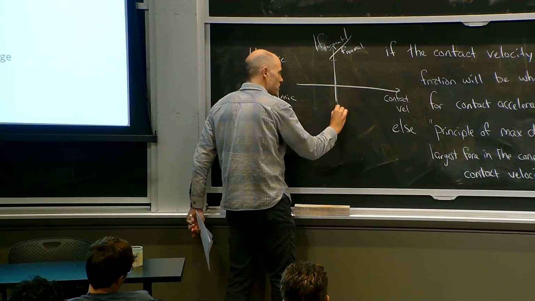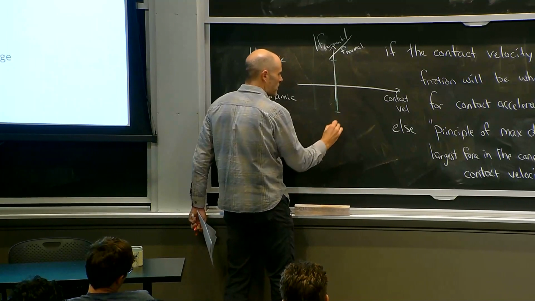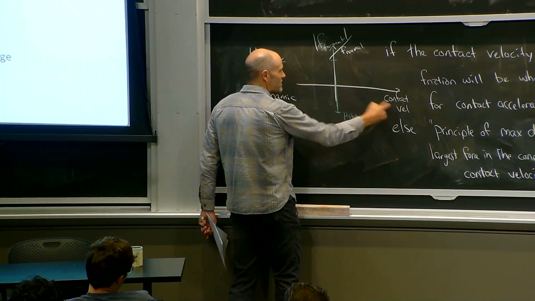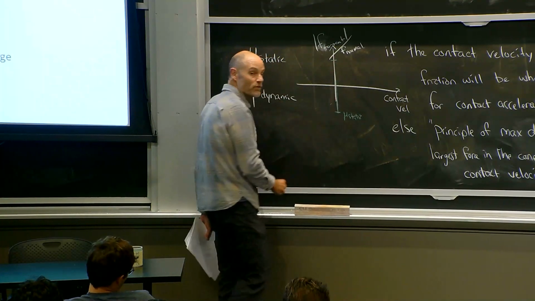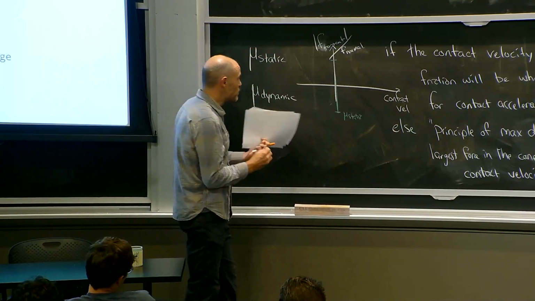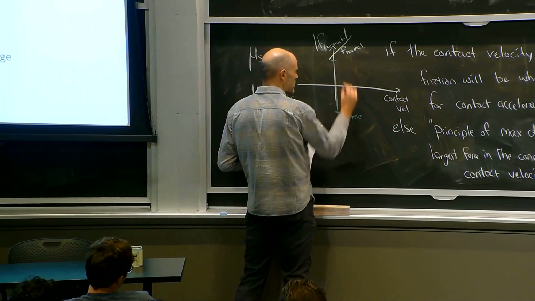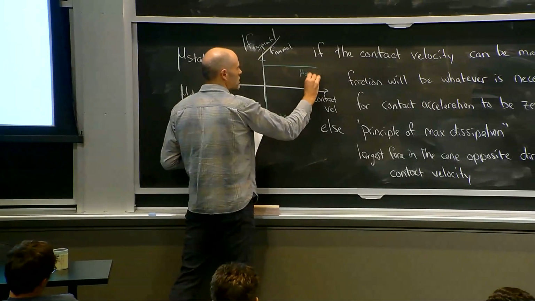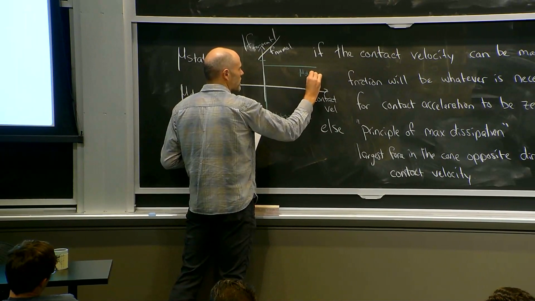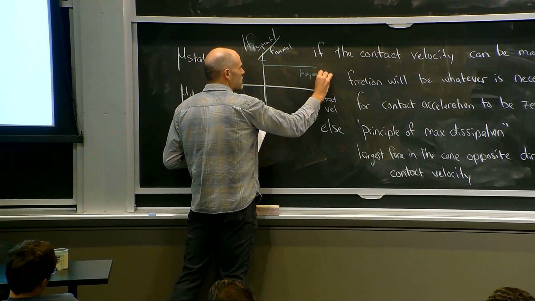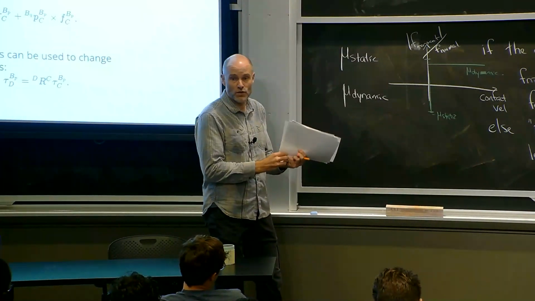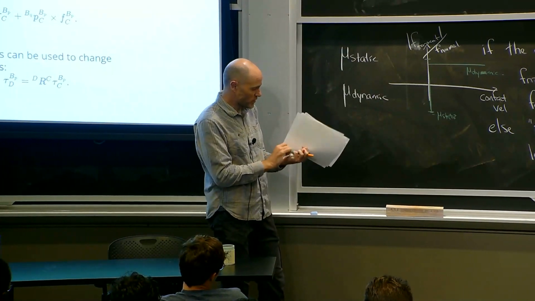They'll have a mu static, where if the velocity is 0, you can get any force in that range. But as soon as you start sliding, that's, I guess, negative mu static, then you'll have a mu dynamic that's actually lower. That's a better model of what's happening than this Coulomb friction.